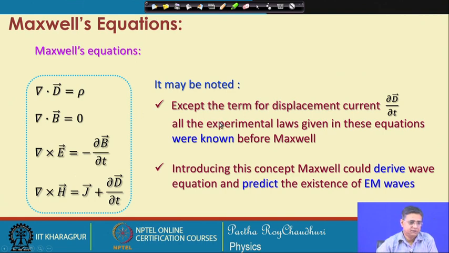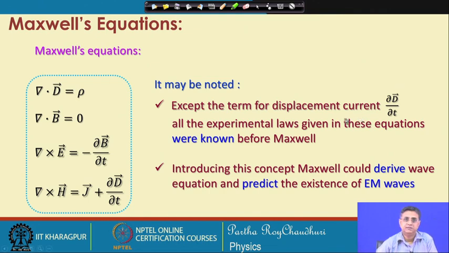Now, going back to the history of Maxwell's equations, except the term which represents the displacement current, that is del D del T, all other laws given in these equations were known before Maxwell. Maxwell introduced this concept of displacement current, and by introducing it he could derive the wave equation and predict that electromagnetic waves exist.